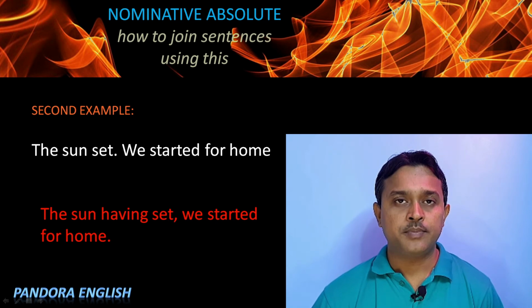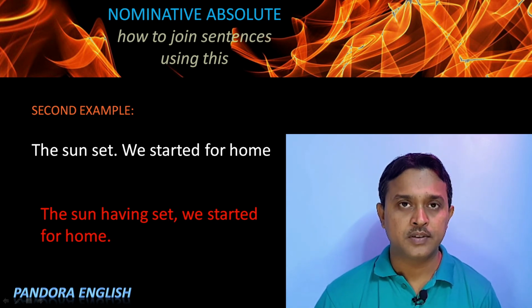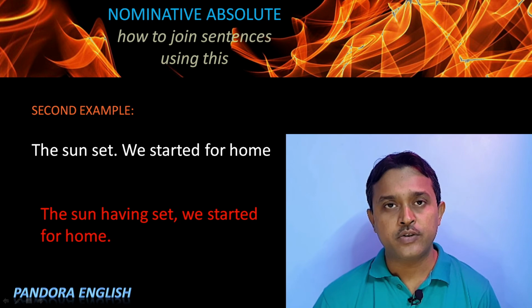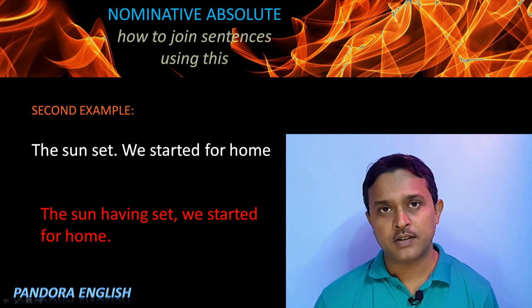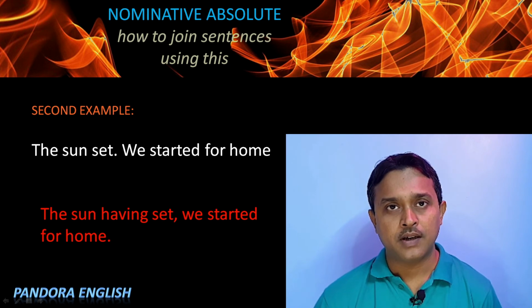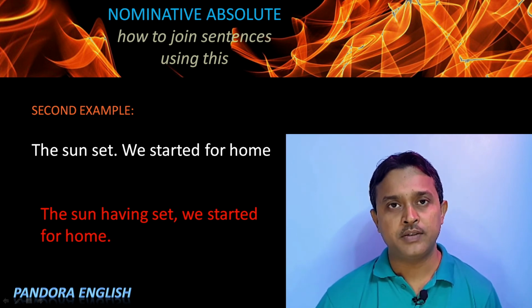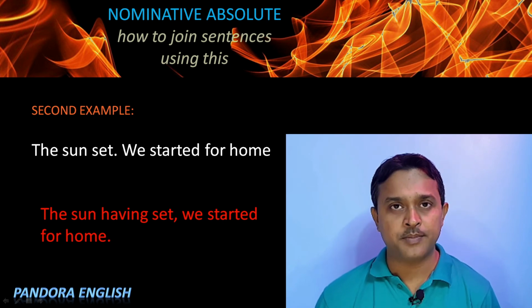Let's take up another example. The sun set and we started for home. In these two sentences, the subjects are obviously different and the action of the setting of the sun is complete before the action described in the second sentence.